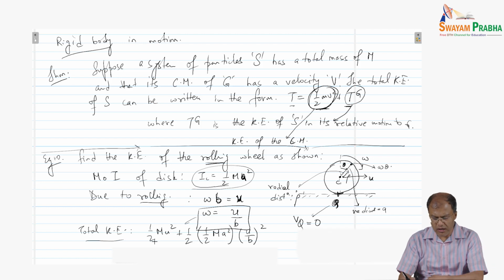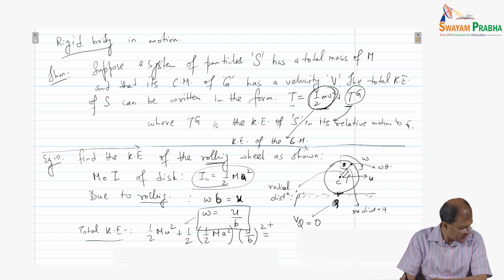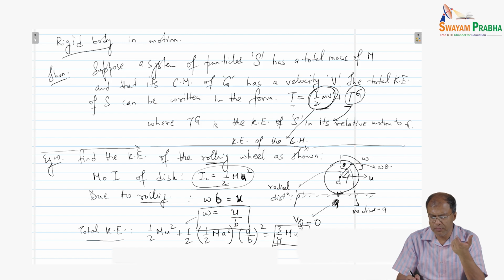The omega was u over b, and we can process everything. We find that this is equal to 3 by 4 m u square. So that is how we try to solve problems where the body is both rotating and translating. We use certain conditions in the problem. In this case, the condition was the rolling condition.